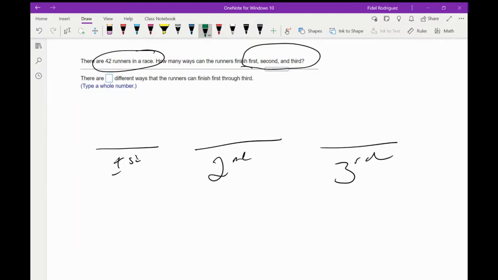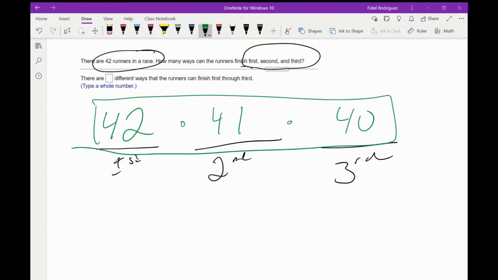That means that we have 42 choices to pick for first place. But then once somebody wins first place, now there's only 41 runners, right? And then once that person gets second place, now there's only 40 runners. So again, what I'm going to do here, y'all, is I'm going to multiply those three numbers out.